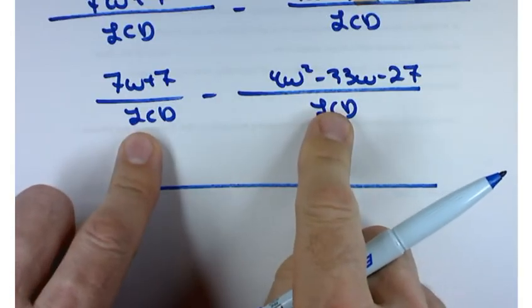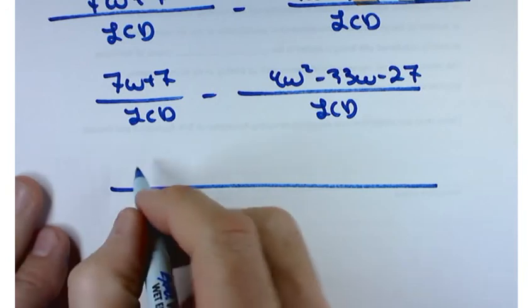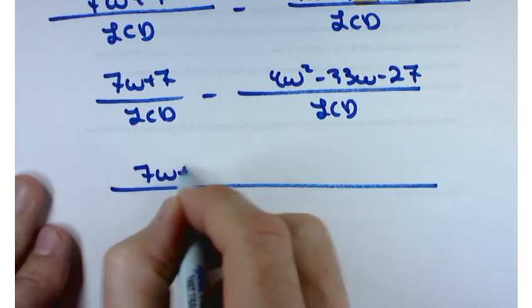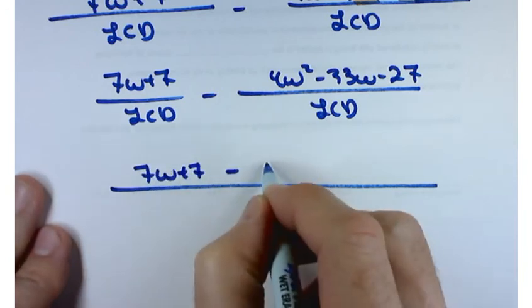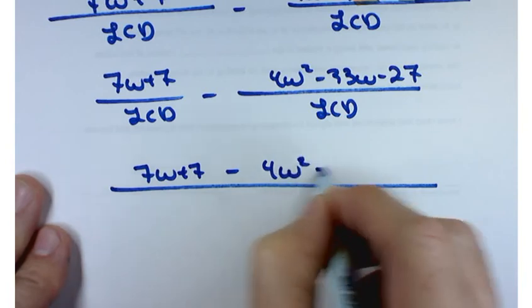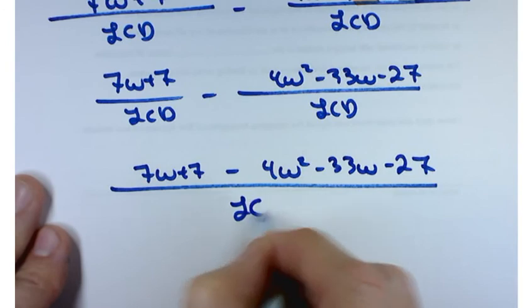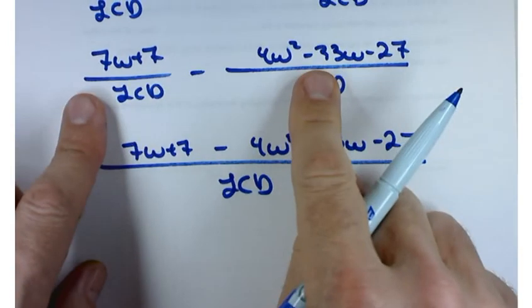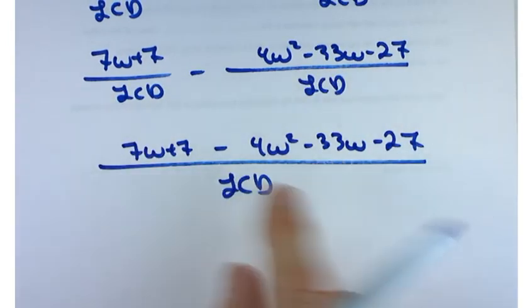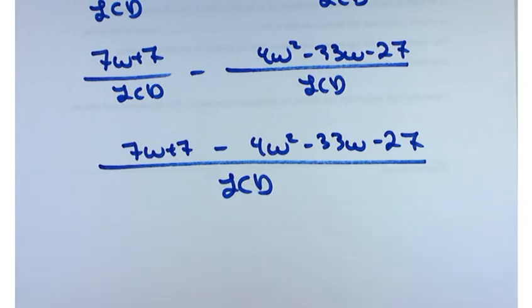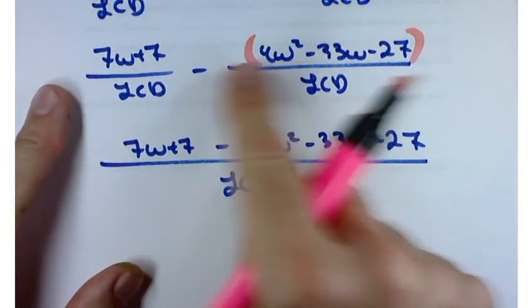These both have the LCD. I've simplified them as much as I can. See if you can catch the mistake here, though. The way I'm writing this down, there's a subtle mistake that I'm making. I've got the LCD, so I'll put both of these over that LCD, but there's a subtle mistake. Yeah, you got to switch the signs because you're subtracting all of this.